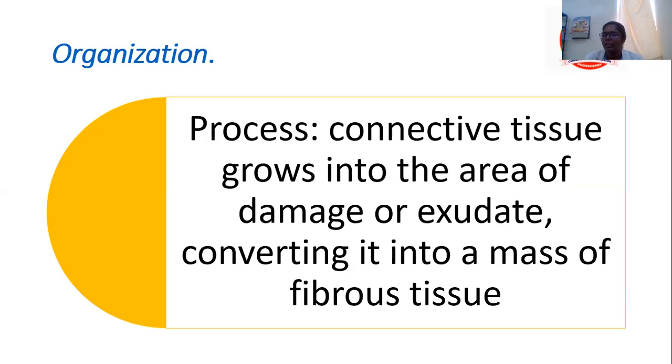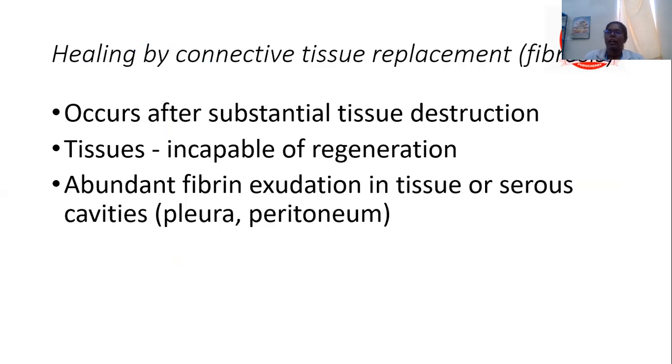Wherever the damage or exudate is covered, connective tissue will try to grow from inside and convert that damaged exudate into fibrous tissue, which is called organization. And this organization is healed by fibrosis.